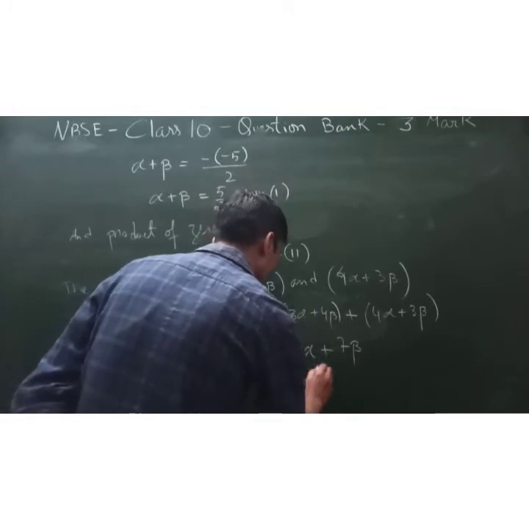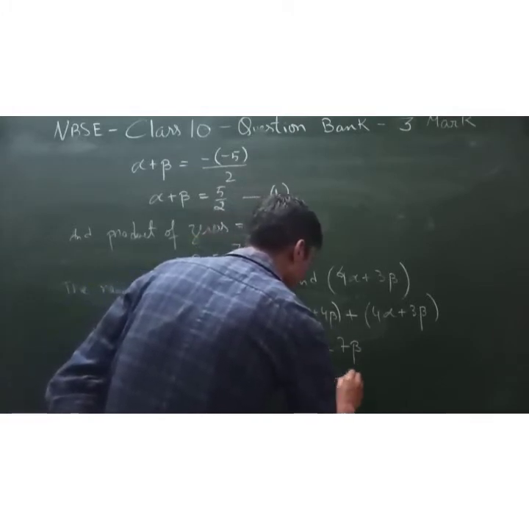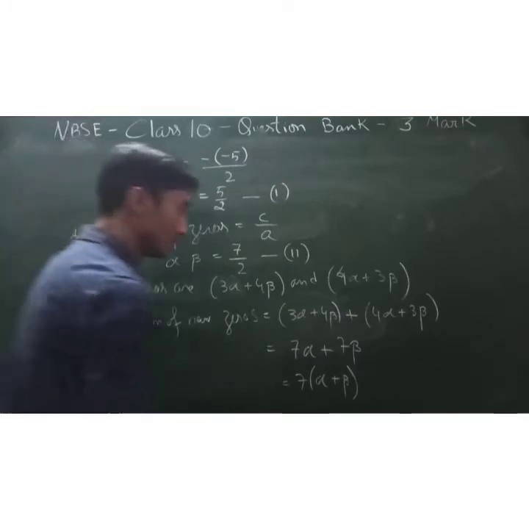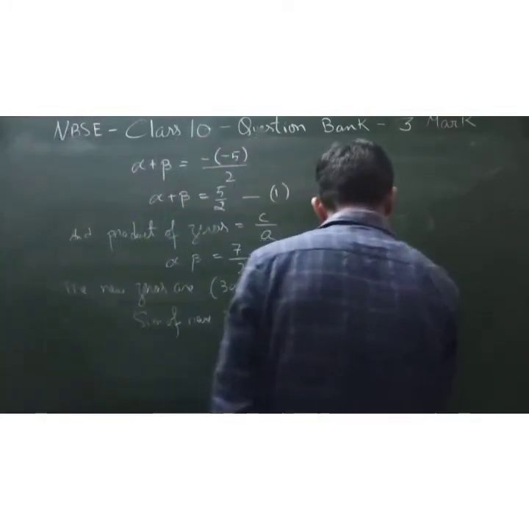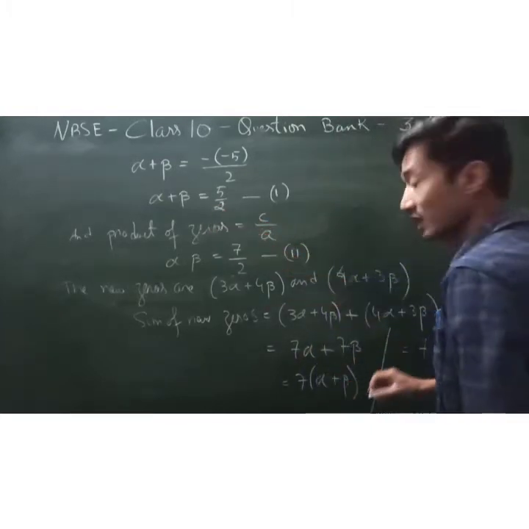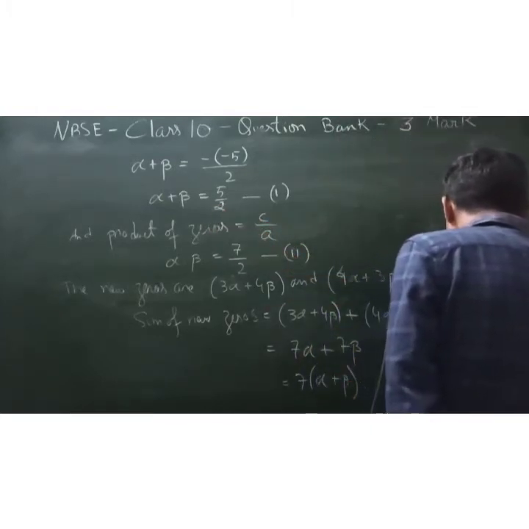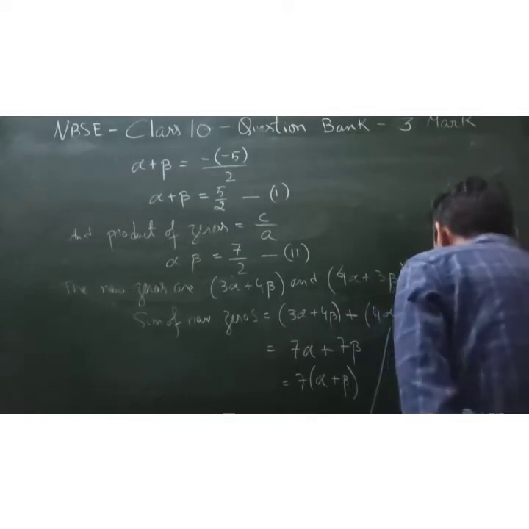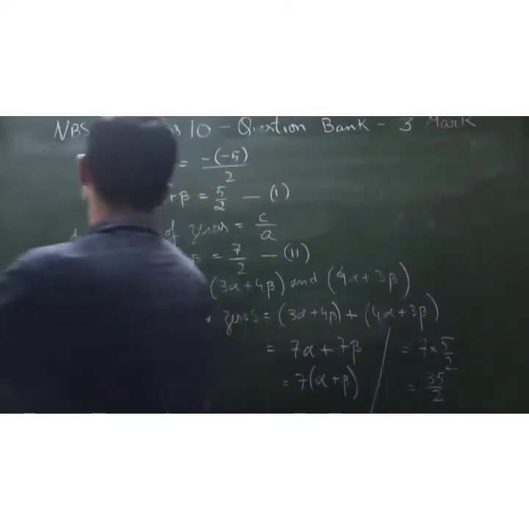So that will be of course 7 of alpha plus beta, which is equal to 7 times alpha plus beta. That's the information that they want us to use. That's 5 by 2, so that will be 35 by 2. So this is the sum of the new zeros.